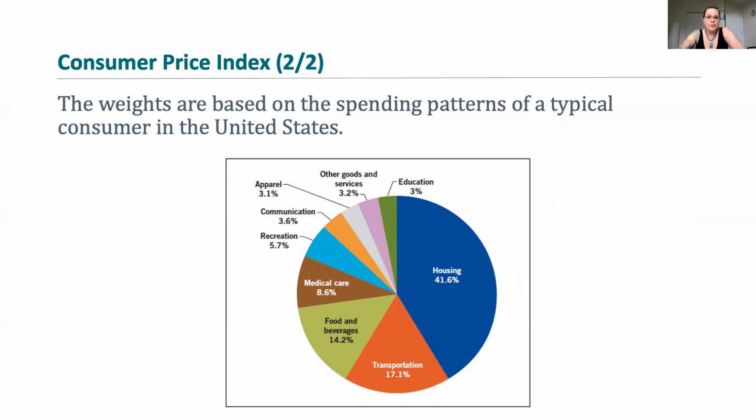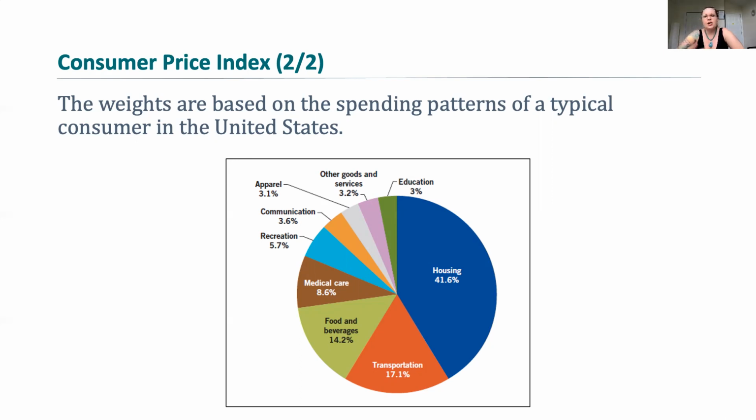But note that some of these categories are pretty broad. For example, there's an entire category for transportation and an entire category for food and beverages. And that food and beverages category includes prices for everything from oranges to potato chips to baking flour.